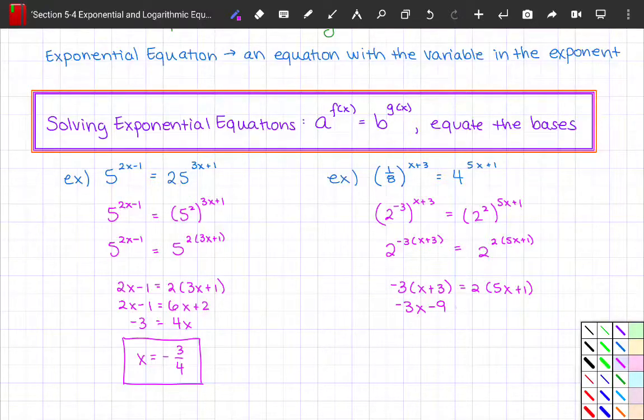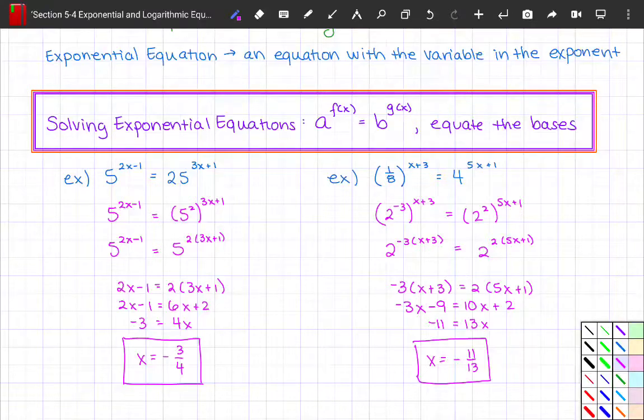If we distribute the negative 3, distribute the 2. Let's see, we have 13x equals negative 11, so x is negative 11/13. And there we go. So that's the idea of equating the bases.